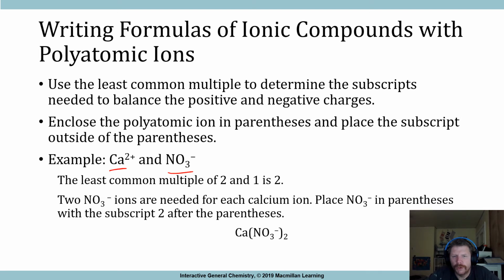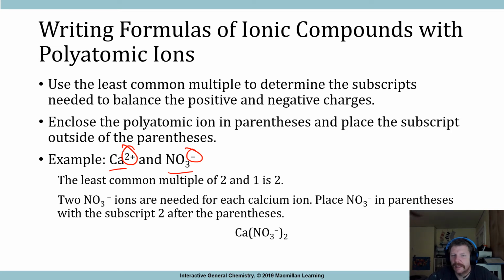Well, what you're going to want to do is say, well, this has a +2 charge, this has a -1 charge. You have 2 NO3 ions that are needed to basically negate the charge of that calcium. So you'd write it as Ca(NO3) and then put that 2 outside the parentheses.